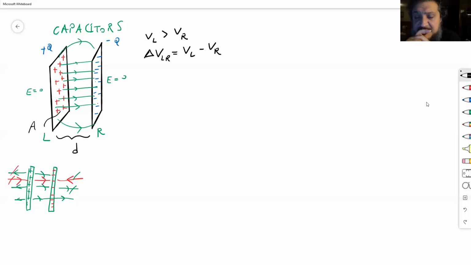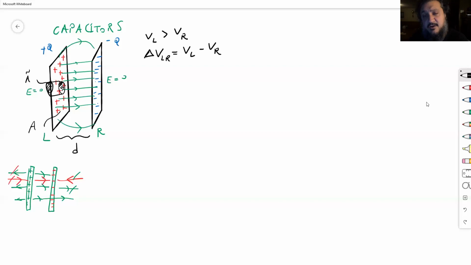Now let's find the electric field first using Gauss's law. To do that, you just have to consider some closed surface here, like a pillbox, a cylindrical surface of some area, call it A tilde. A tilde is the area of the cylinder.